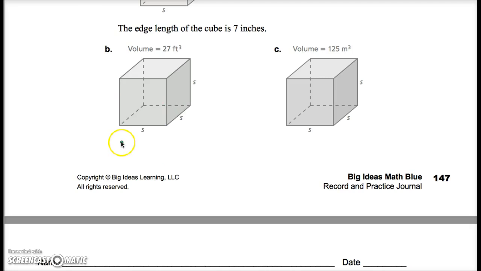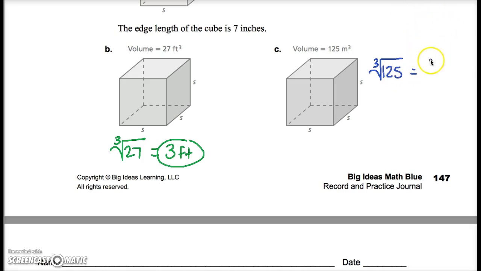The way we would write this is the cube root of 27 equals, and you end up getting 3. So the length of each side would be 3 feet. On C, volume is 125, so we're going to take the cube root of 125, and you end up getting 5, and that would be 5 meters for each one of those sides, because 5 times 5 times 5 gives you 125.